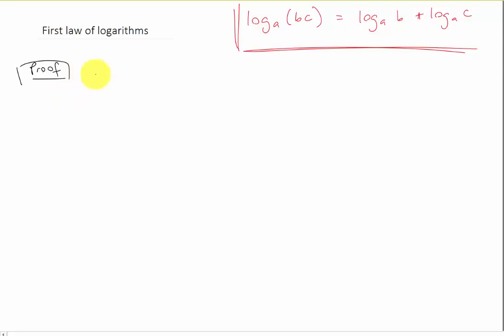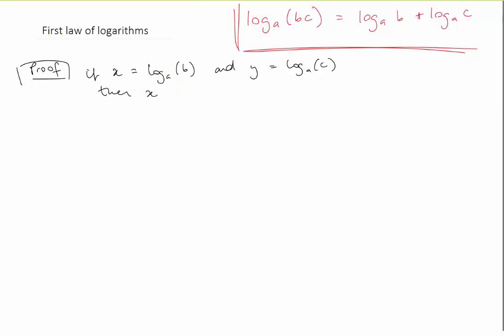just for your satisfaction. So if we say that x is equal to log base A of b and y is equal to log in the base A of c, so that this is all the same base for our logarithms, then we know that a to the power x is equal to b and a to the power y is equal to c, because that's our general equivalency with our logarithms.